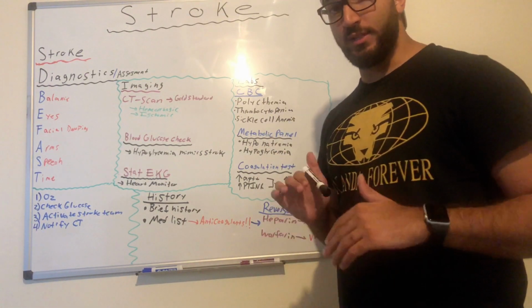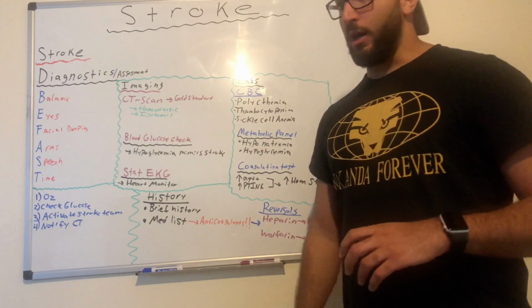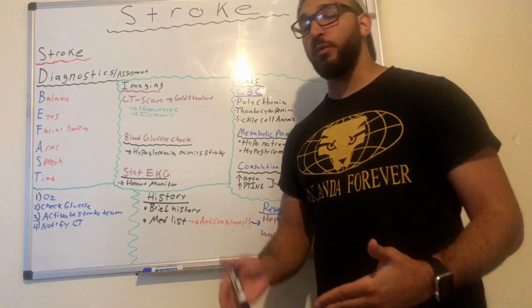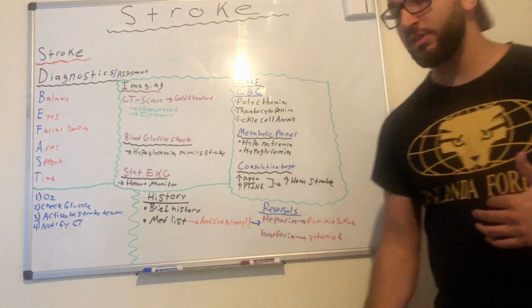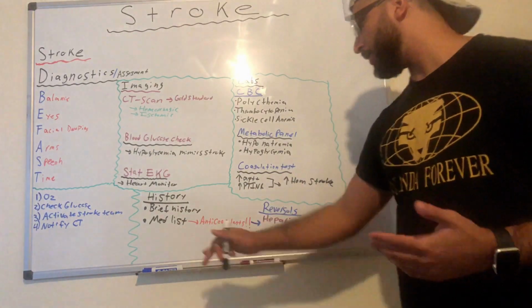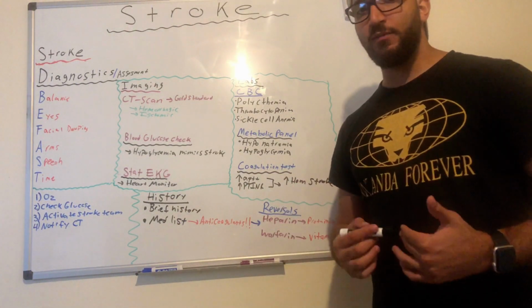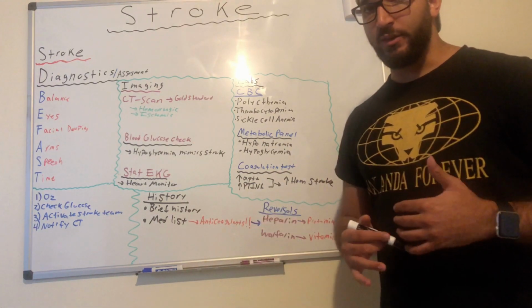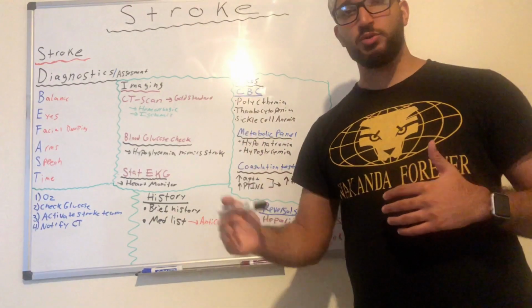So when the patient is getting their CT scan of the brain and you're at the nurse's station, it's important not to just stand around. We want to check their med list. So why would we check a patient's med list during this time? Well, we want to know if they're on anticoagulants. So why is that significant? If they're on anticoagulants, it's going to increase the chance of the patient having a hemorrhagic stroke.